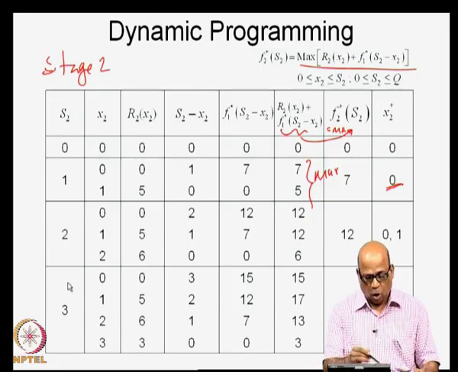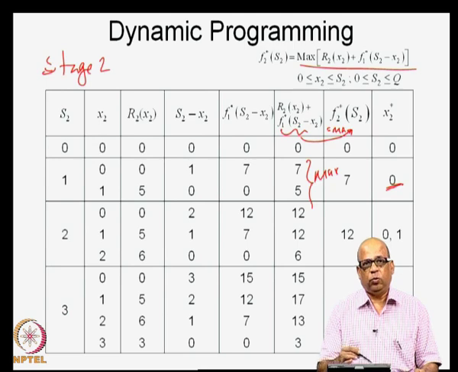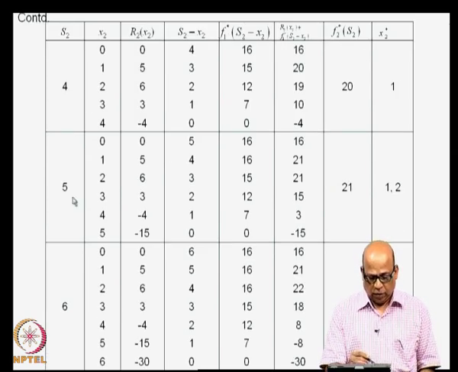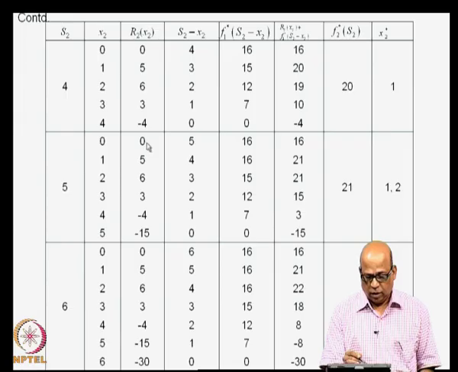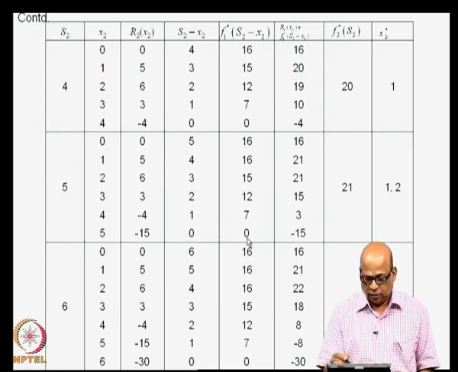Like this, for all the possible discrete values of S2, you solve this problem, and then let us say you go to 5, for example: 0, 1, 2, 3, 4, 5. If x2 is 0, 1, 2, 3, 4, 5, then you will get the corresponding R2 value. Then this will be 5 minus 0, 5 minus 1, 5 minus 2, etc. And then pick up the associated values of optimized returns from the previous stage. They will be 16, 16, etc., like this.